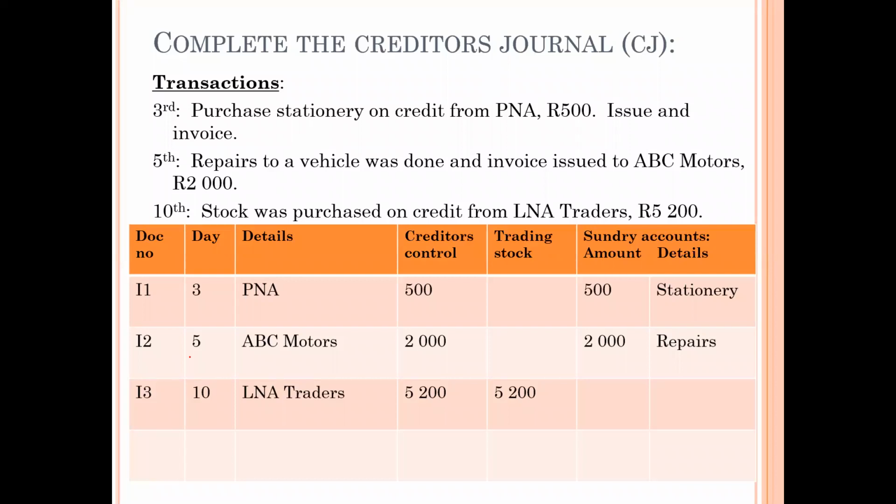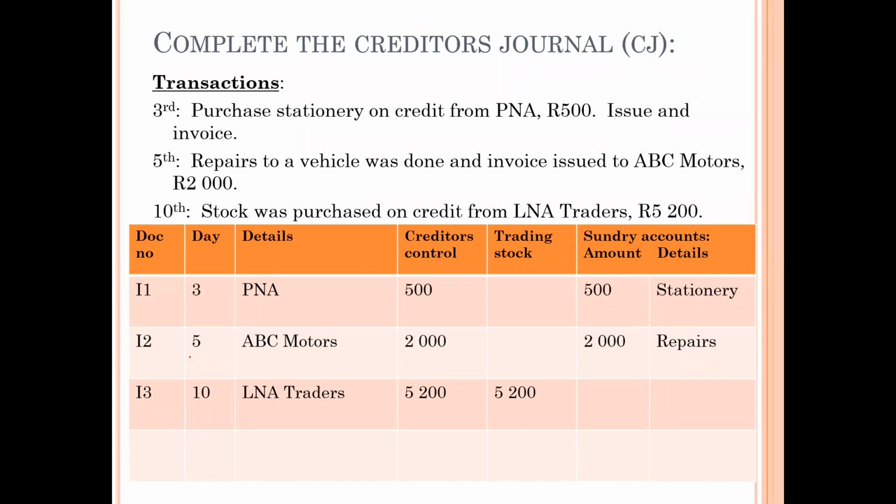With details or creditor, we have the name of the business, and it is ABC Motors. 2,000 Rand will go to creditors control. It was for repairs. There's not a repairs column at the top, so we take it to sundry accounts. We write the amount in, 2,000 Rand, and we say for what is it? It is for repairs.